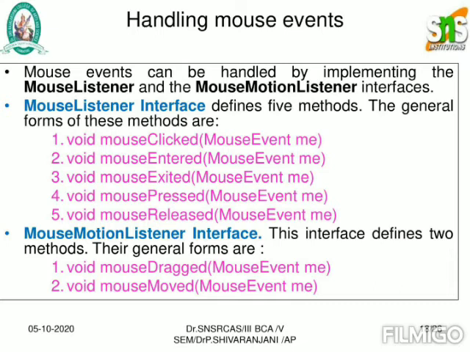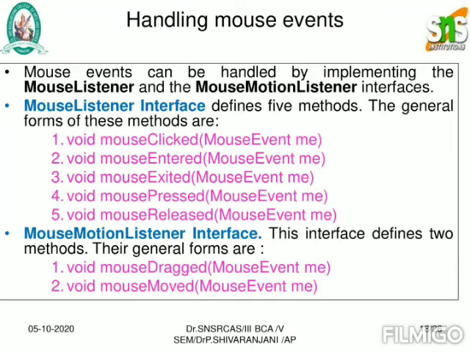When the user is using a mouse, he can click the mouse, enter the mouse, exit the mouse, press the mouse, or release the mouse. Each of these 5 methods will help you to record this activity.